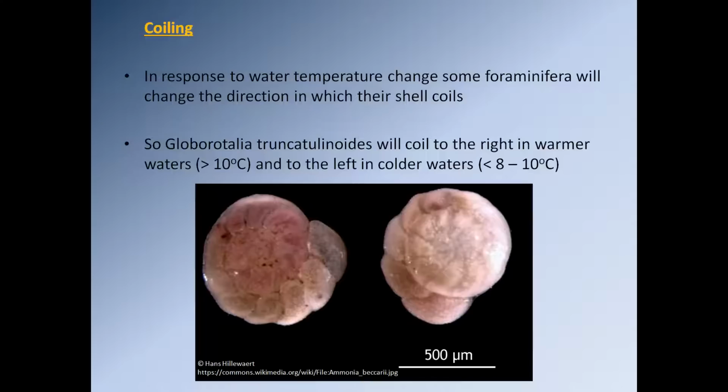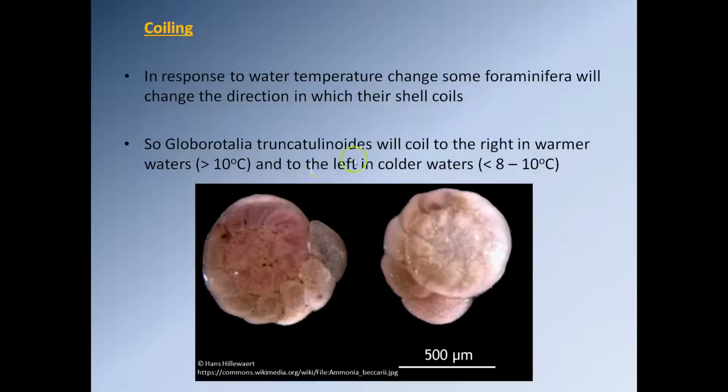As geologists, we can once again filter out the foraminifera fossils. We can look at the direction of coil of the shell, and we can say, right, this shell is coiling in this direction, therefore the water temperature has to have been approximately this. A good example is this Globigerina species with an absolutely horrible species name, which I'm not even going to try and pronounce.